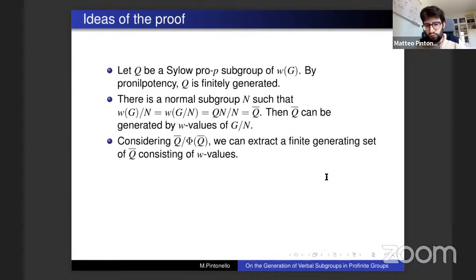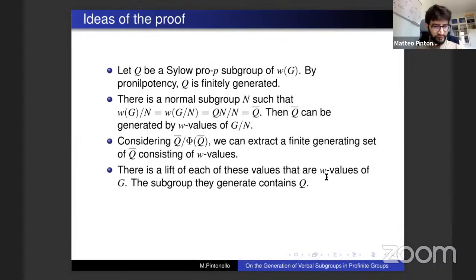But at that point, we again work as in the case of a single prime group. We can extract a finite generating set consisting of word values. And we only have to check that there exists a lift of these to the big group that are still word values. But it is possible to do that, and the subgroup that these word values generate contains Q. We now have finitely many Sylow pro-p subgroups, and each of them is generated by finitely many word values, and that is sufficient to say that the whole verbal subgroup is generated by finitely many word values.